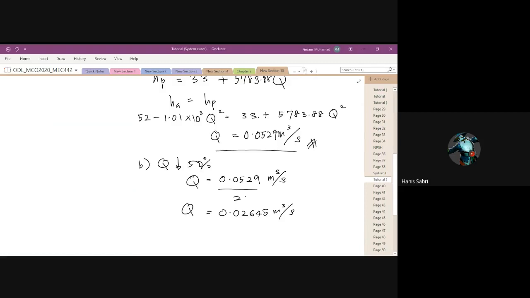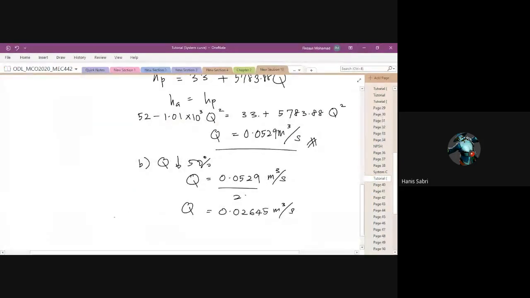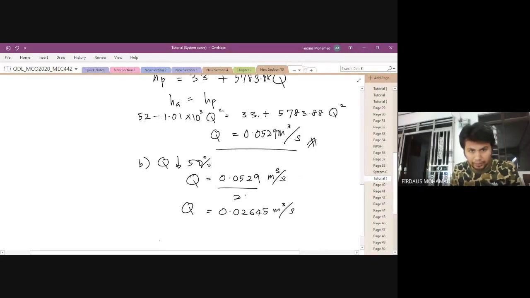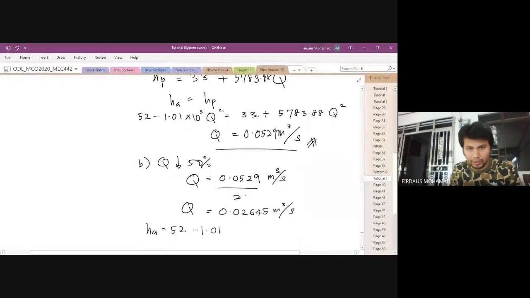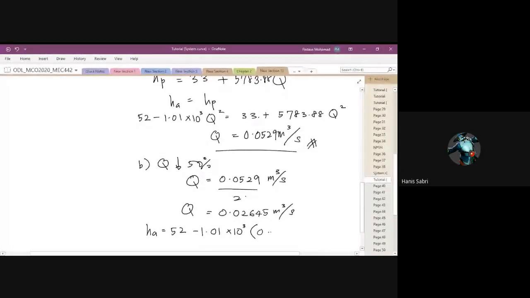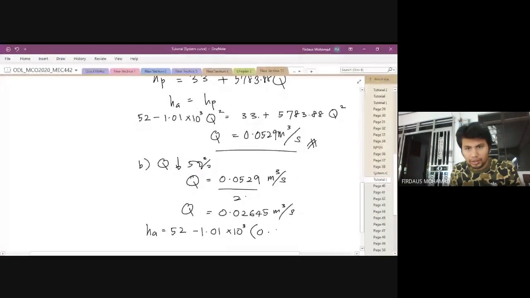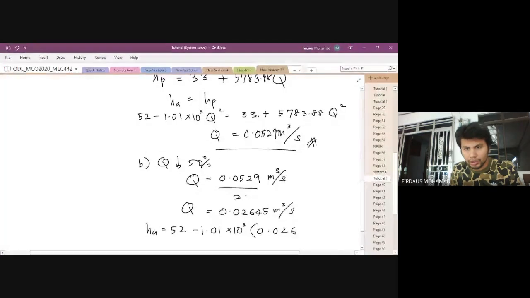Guna 52 tolak dengan pump performance curve tu. Mana? H A equal to 52 minus 1.01 Q square. 0.02645 square.